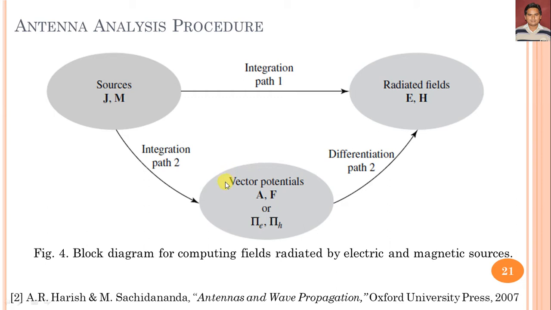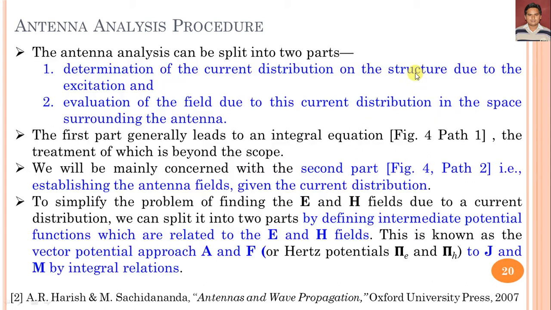Generally in antenna engineering, for solving antenna problems or analysis, we always use the vector potentials A and F, and then we can calculate the radiated field by using Maxwell's first and second equations, through which we can calculate the radiated field of any kind of antenna.